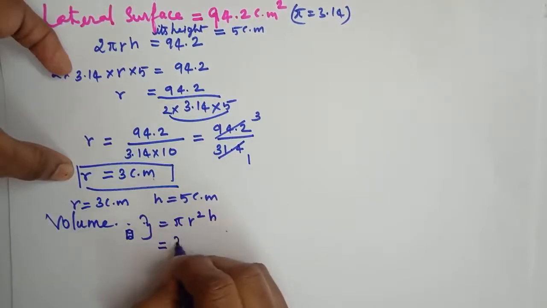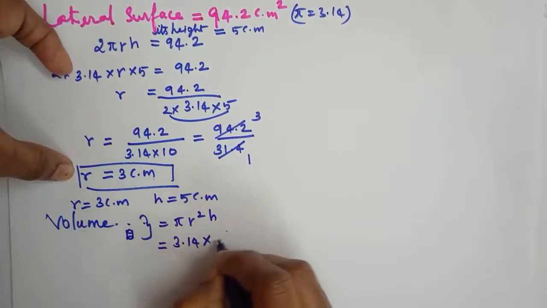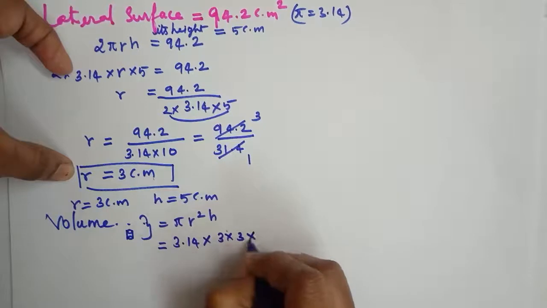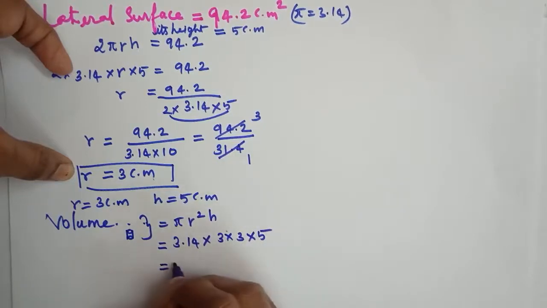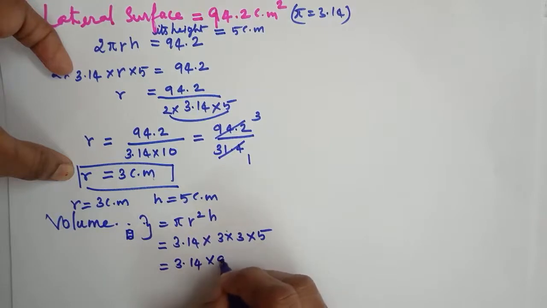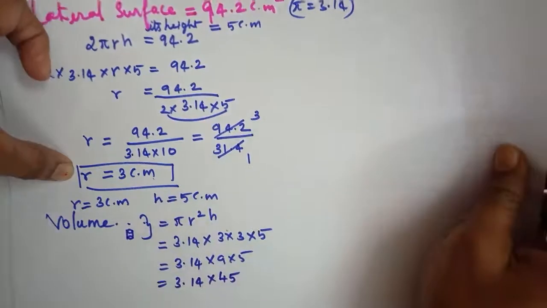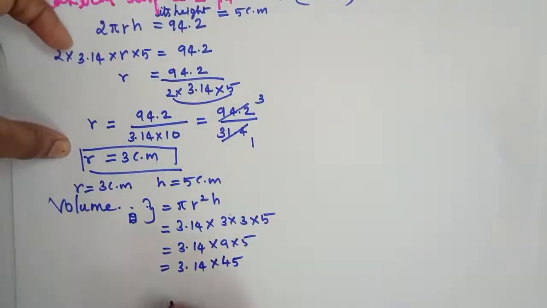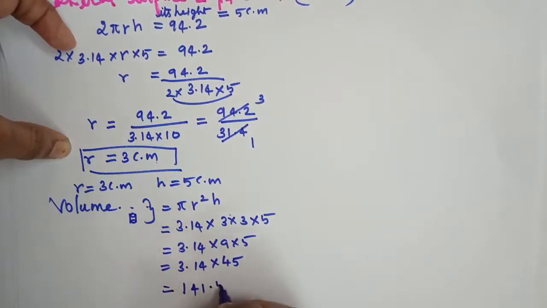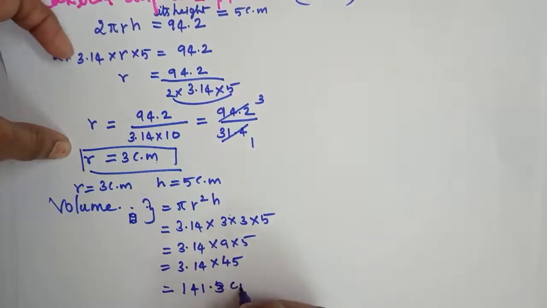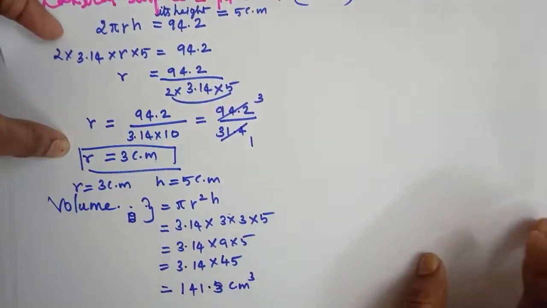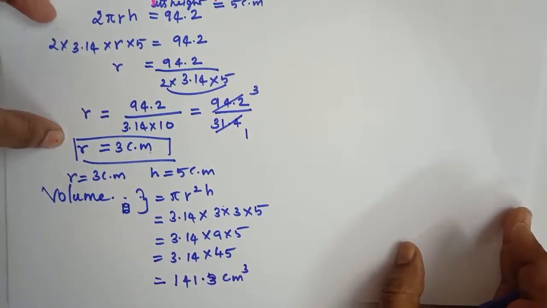So that is equal to 3.14 into 3 into 3 into 5, which is 3.14 into 9 into 5, 45. So 3.14 into 45, and at last we have 141.3 centimeter cube.